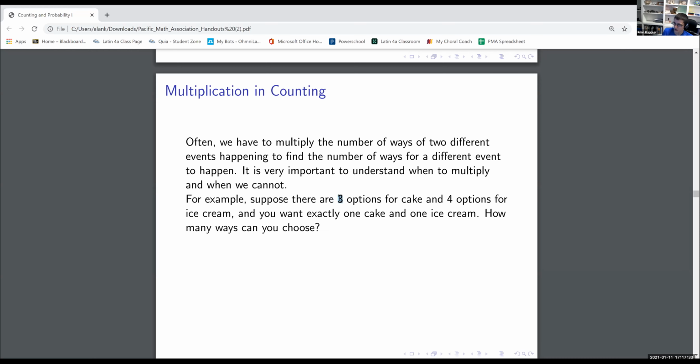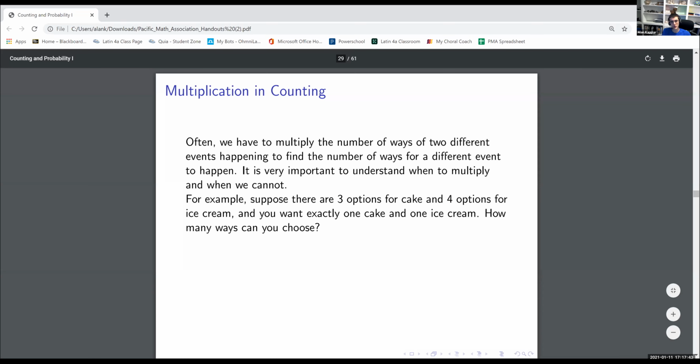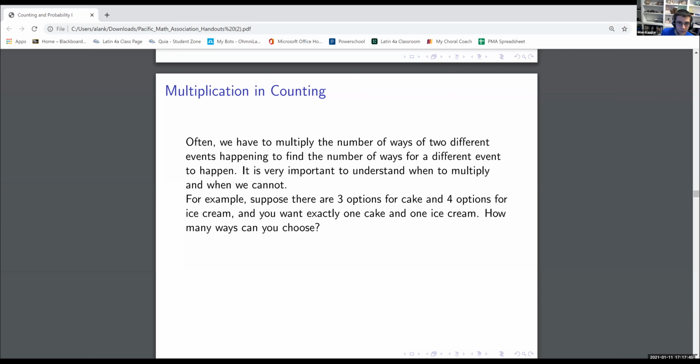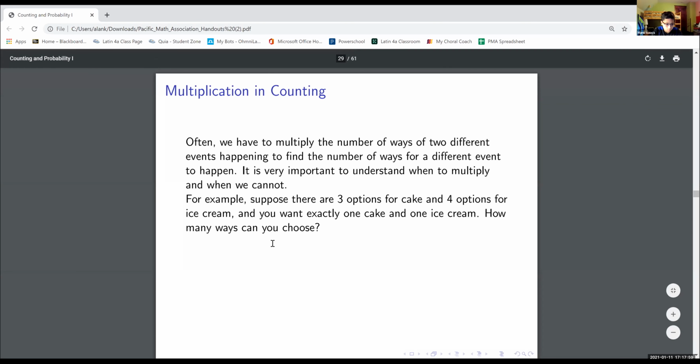So let's take this example. You have 3 options of cake and 4 options of ice cream, and you want 1 cake and 1 ice cream. How many ways are there to do that in total? You can say this out loud. 12. Nice, yeah.